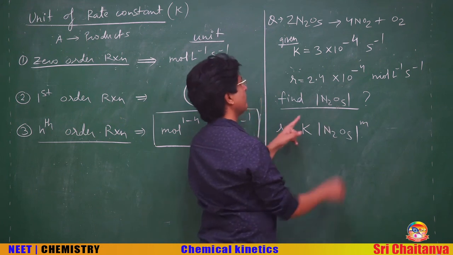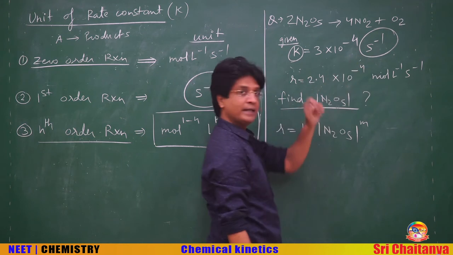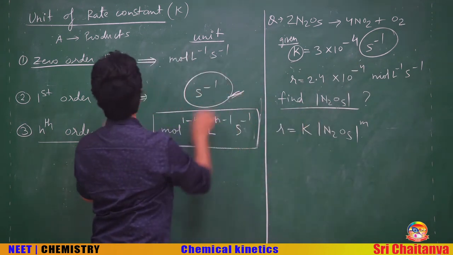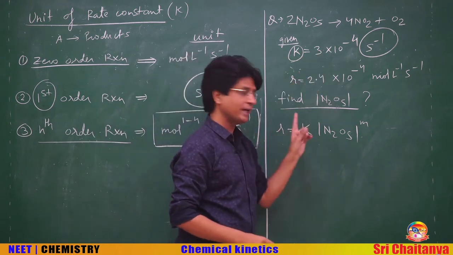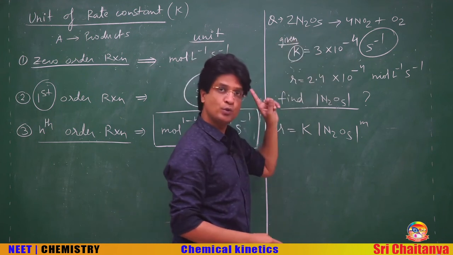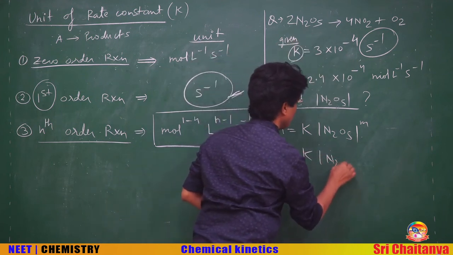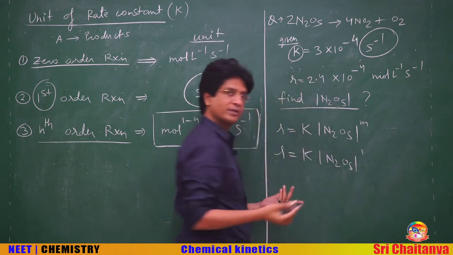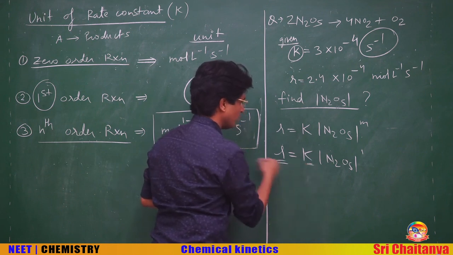But if I look carefully at the units of K, per second is the unit of rate constant for first order reaction. So I can directly now say that this reaction is first order with respect to N2O5. So rate will be K into N2O5 to the power of 1, or say simply K times N2O5. Now I know rate also.